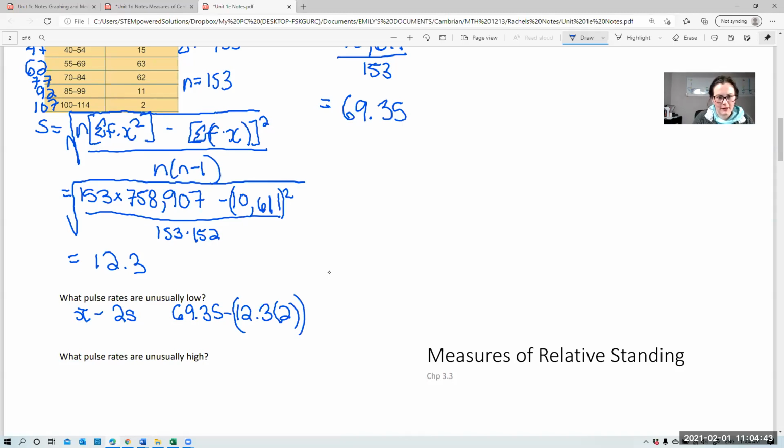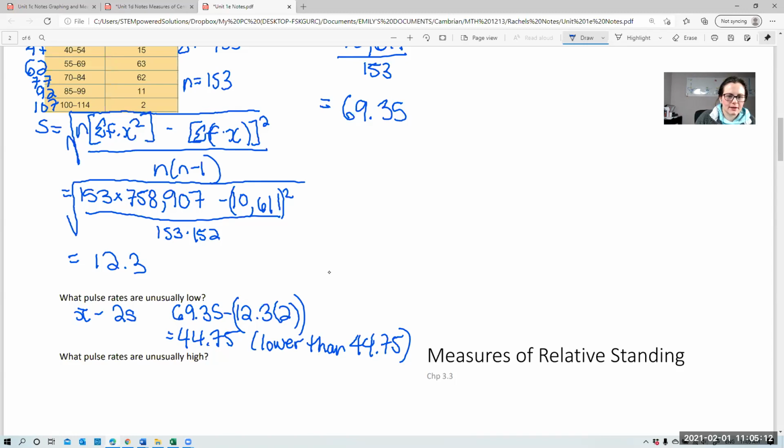I almost forgot to multiply by 2. So 69.35 minus 2 times 12.3 equals 44.75. So anything lower than 44.75 would be considered unusually low.